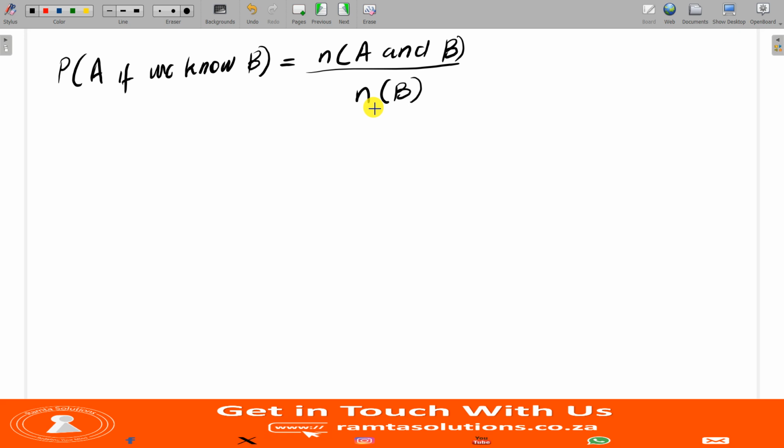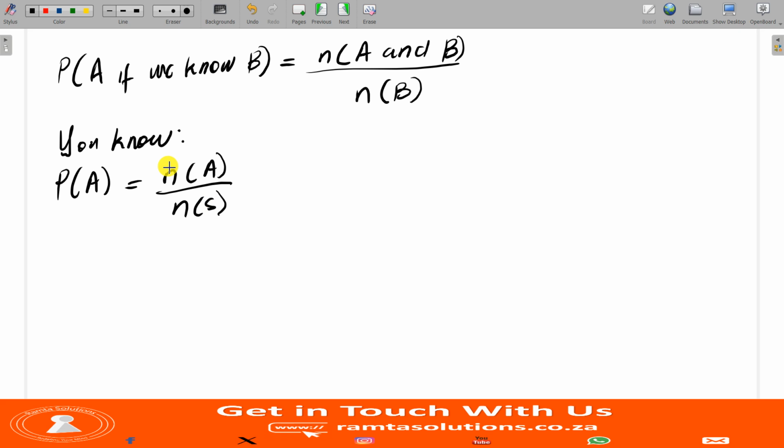Now, another thing that you need to know: you know by now that probability of A is the number of outcomes of A over the sample space.